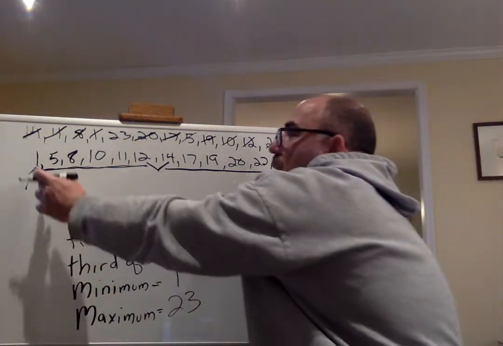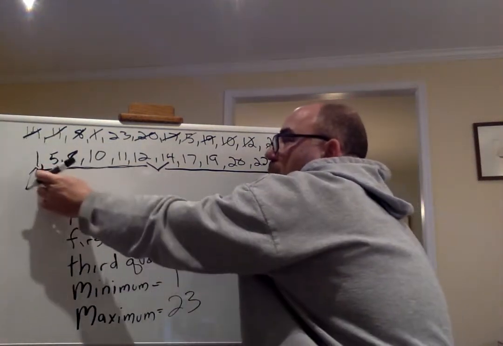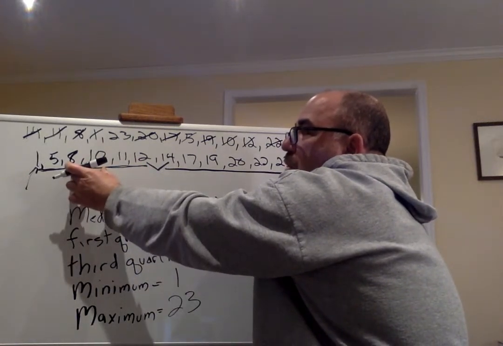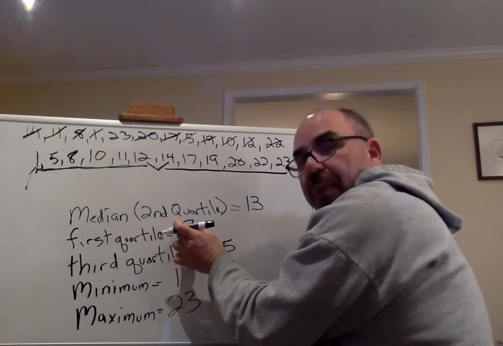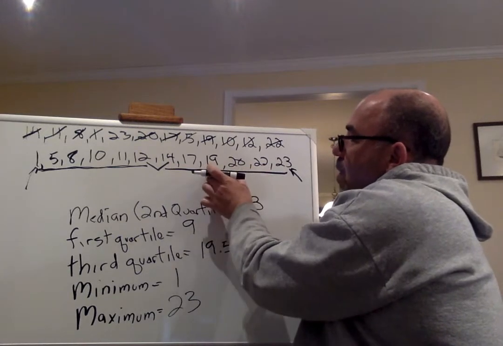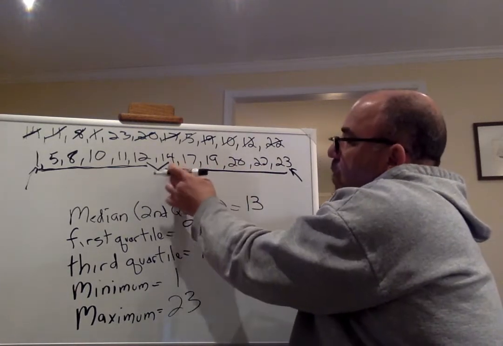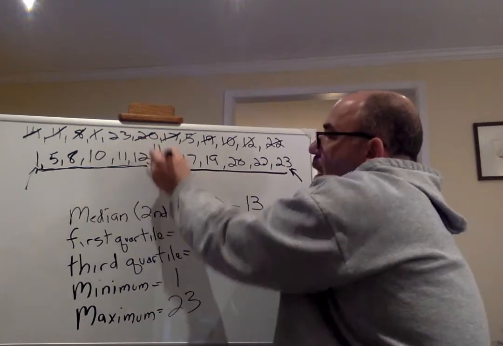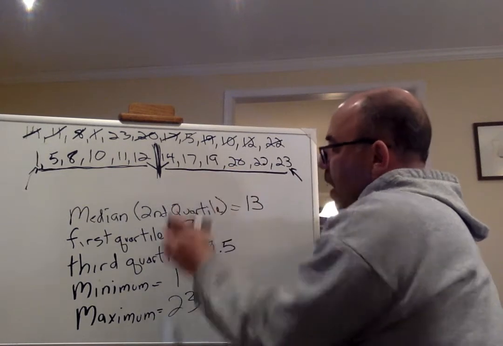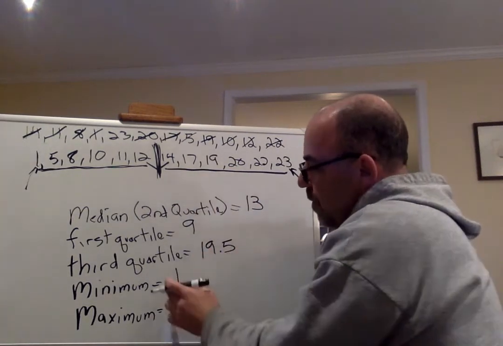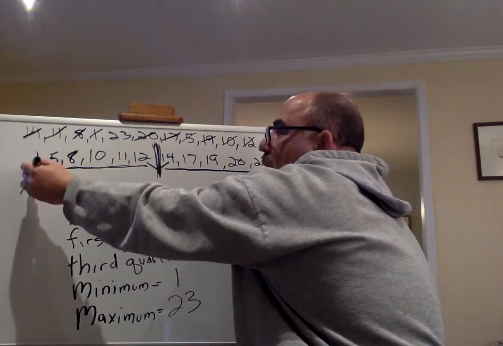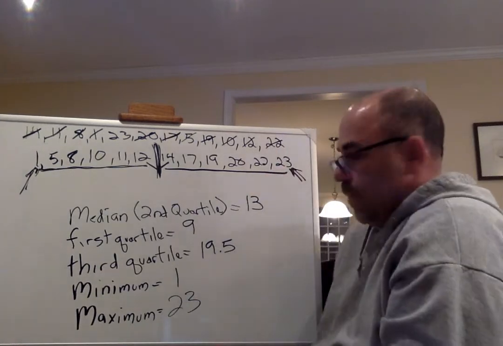First quartile is the median of the first half of our numbers. 6 numbers, we had to add the 2 middle numbers together, which were 8 and 10, divided by 2 gave me 9. Second half of our numbers, 19 plus 20, because again, 6 numbers, 1, 2, 3, 4, 5, 6. We didn't have a middle number, so we're splitting them in half. Middle number between 19 and 20 is 19.5. Minimum is 1. Maximum is 23. Minimum's our lowest number. Maximum is our highest number.